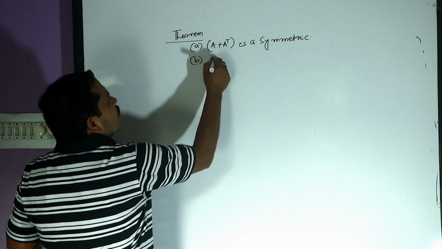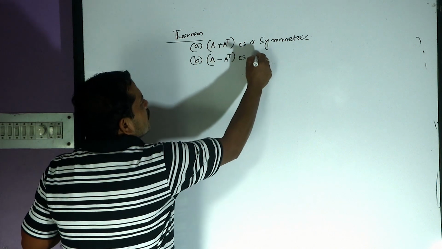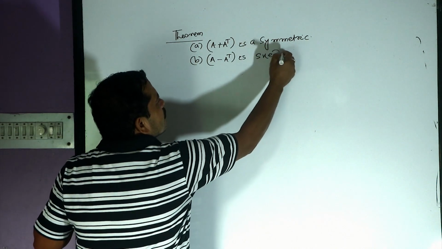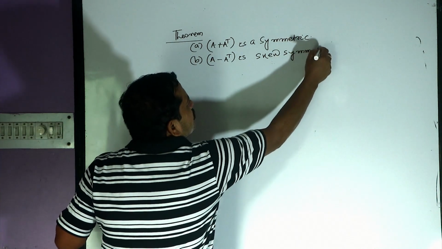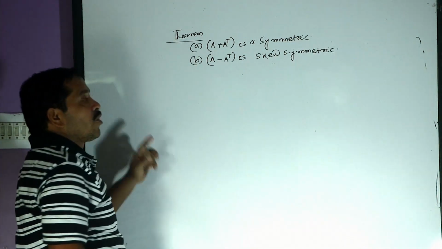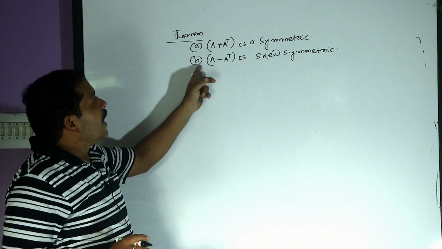Second bit, A minus A transpose is skew symmetric. Very important theorem.